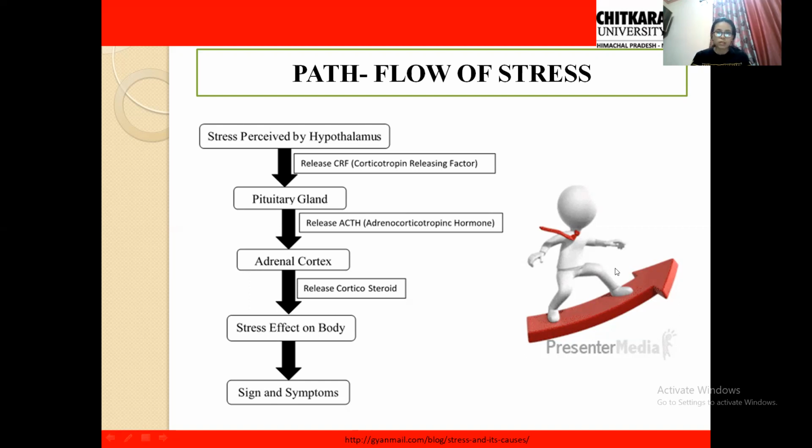These are the physical symptoms. In emotional or psychological symptoms, I might feel fear, or I might feel confused, or I can't take any particular decision at that time, whether I should run or whether I should hit that particular snake. Okay, this is a simple path flow of the stress.